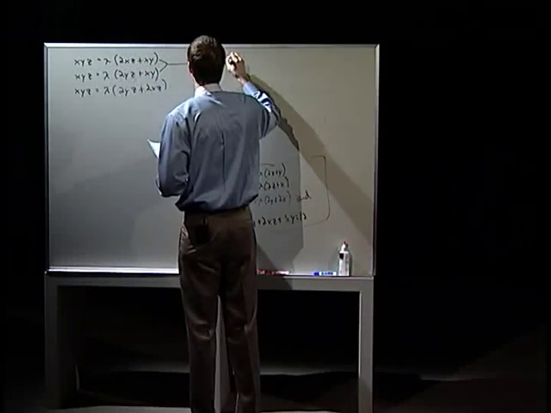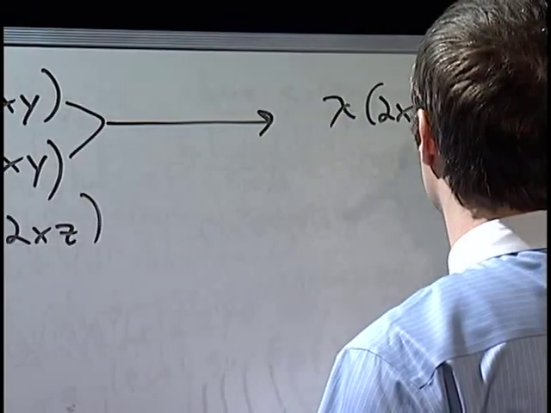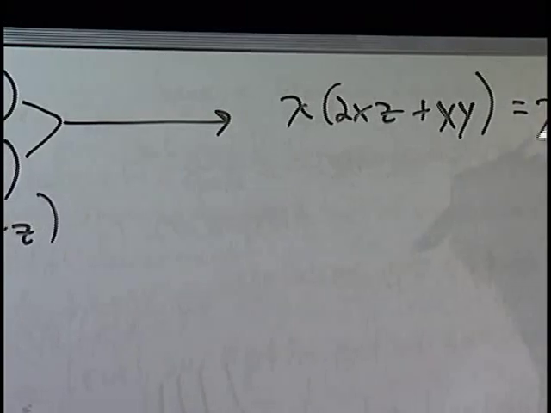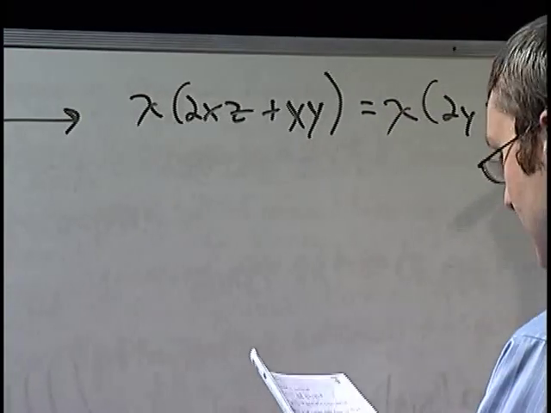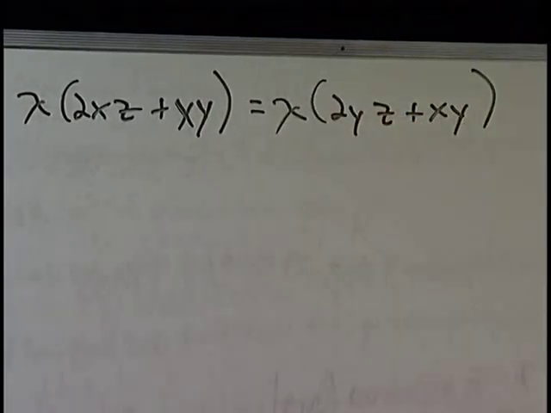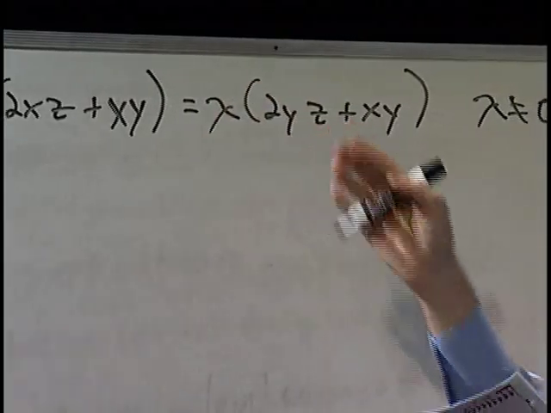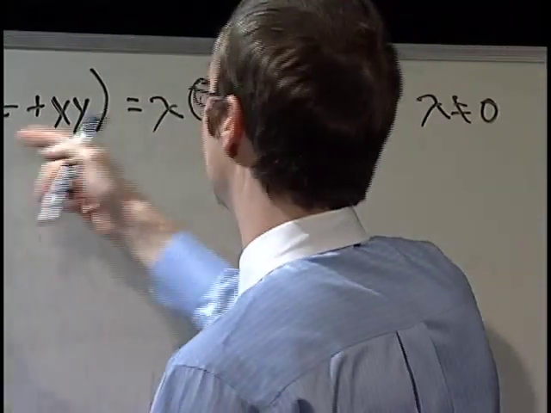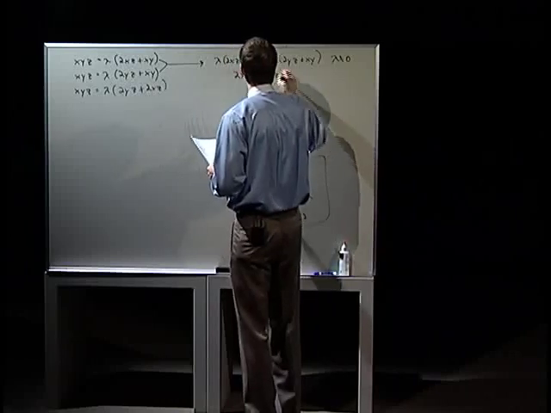So we have lambda times 2xz plus xy equals lambda times 2yz plus xy. Well, certainly lambda's not 0. If lambda was 0, this would be dumb. So we can divide by lambda, and then subtract xy from both sides, so we wind up with 2xz equals 2yz.